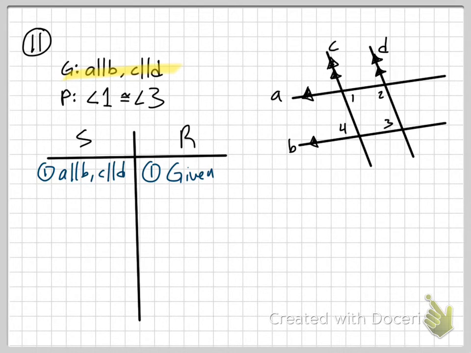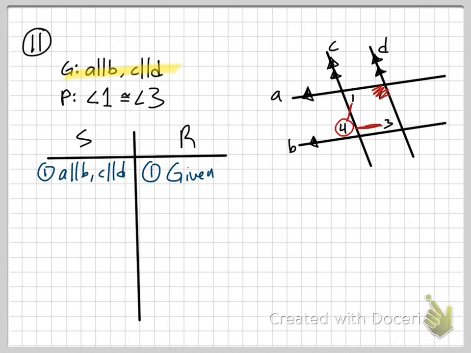Now for this example, in our previous example, we used angle 2 as sort of a bridge to connect 1 and 3. Here, let's avoid using 2. Let's try to use angle 4 to connect the bridge between 1 and 3.